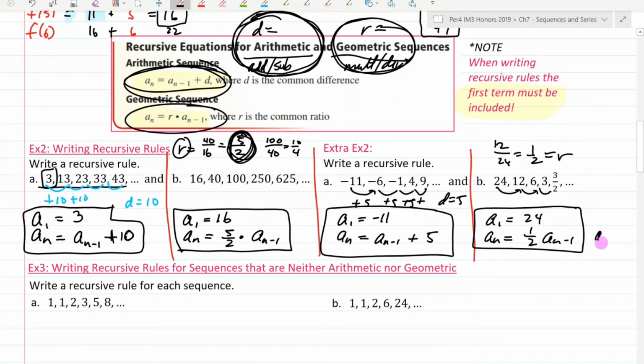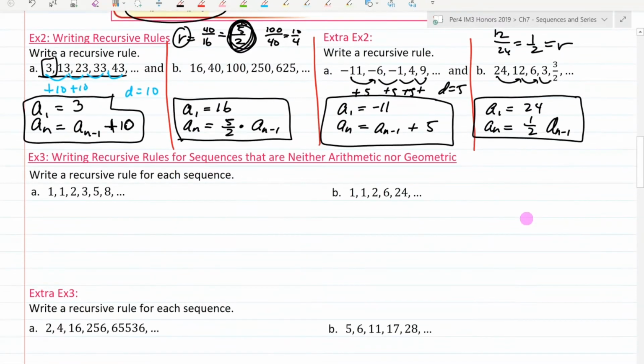Some of you may have written it the previous term over 2, and that's fine as well. Again, the n-1 when you write this is a subscript. Okay, so it's a, and then that's a subscript. This is a sub n, this is a sub n-1, if you really wanted to write it or say it accurately. All right, so hopefully that makes a little bit more sense.